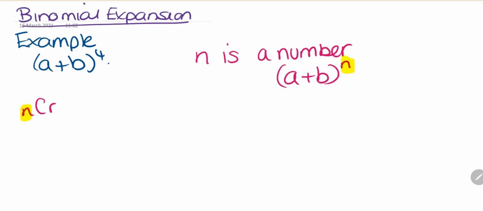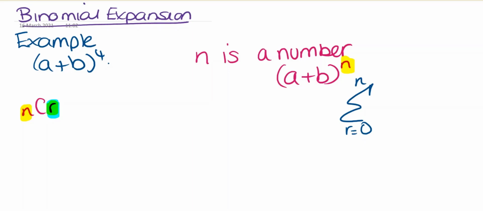And then r, so this r here, if we were to write it, we'll be looking at our number here. So r is 0 and n is whatever number our power is going to be.